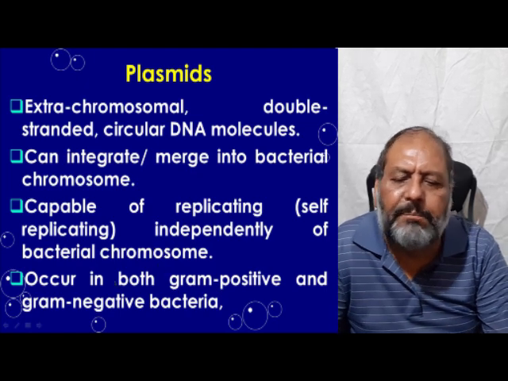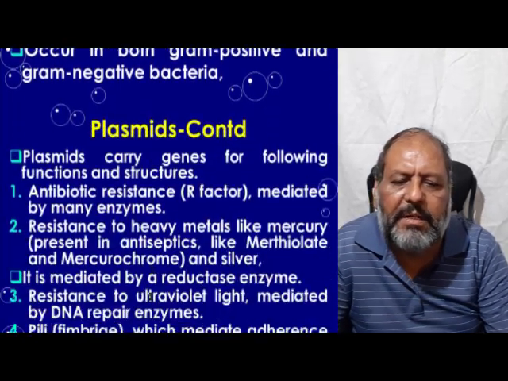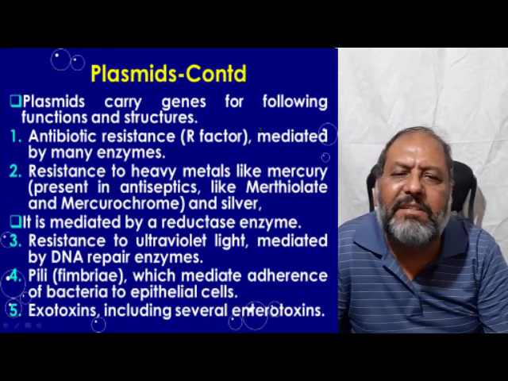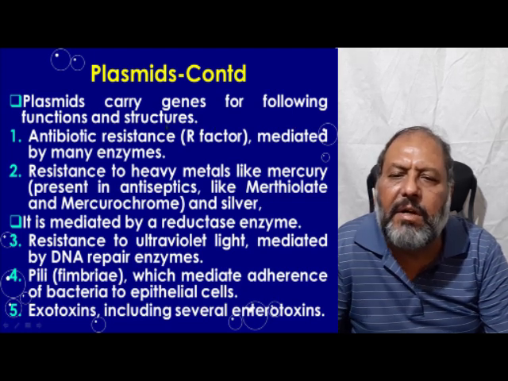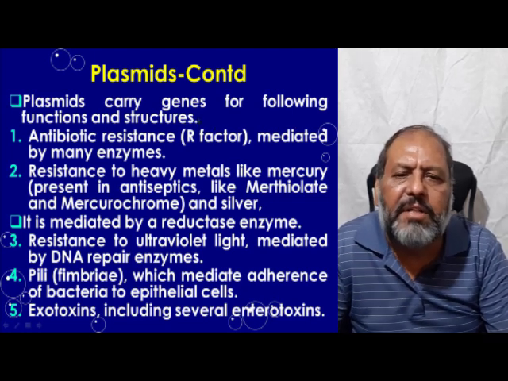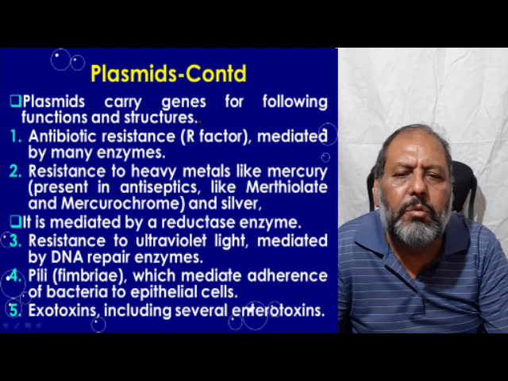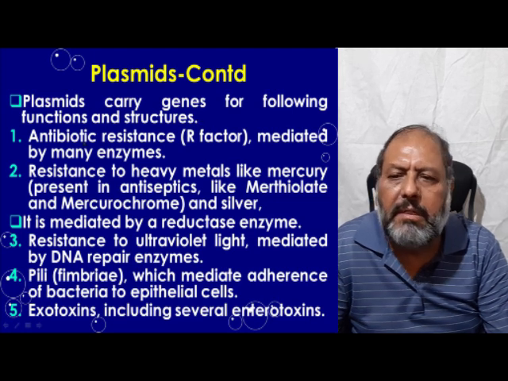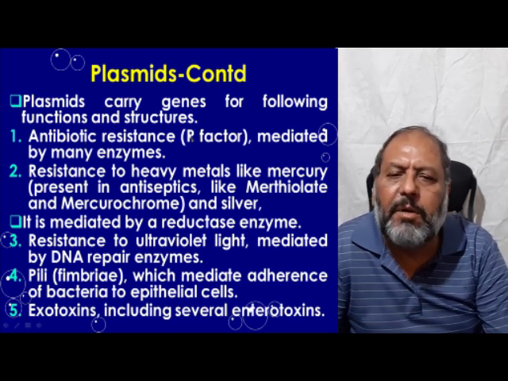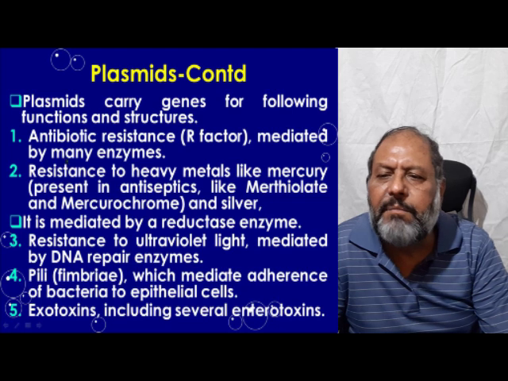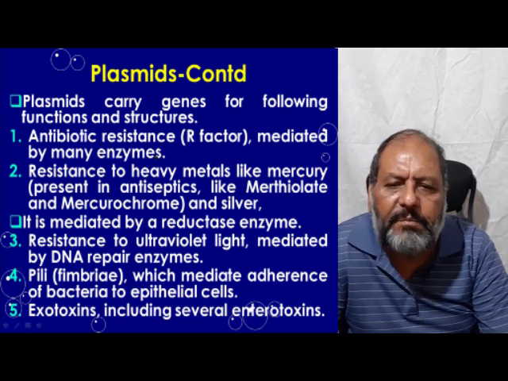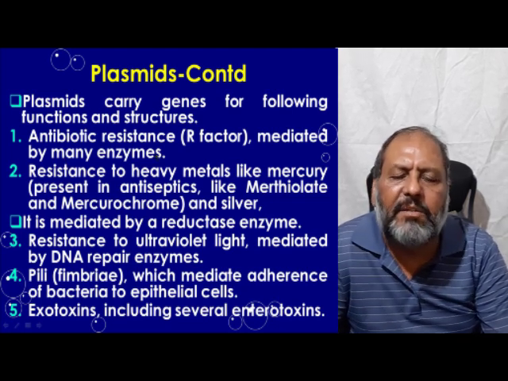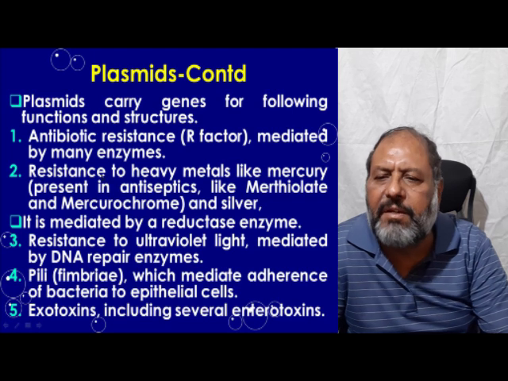Plasmids occur in both gram-positive and gram-negative bacteria, and they carry genes for the following functions and structures. The antibiotic resistance, R factor, mediated by many enzymes, is through the plasmid present in the bacteria.